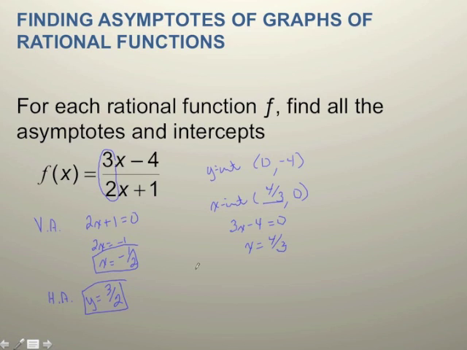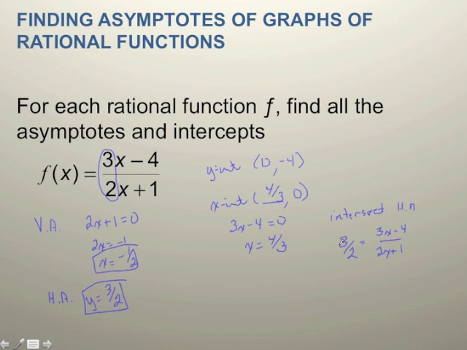We have the x-intercept. Now, does it intersect the horizontal asymptote? Let's find out. I'll take the value of the horizontal asymptote, 3/2, and let it equal the function, (3x minus 4) over (2x plus 1).